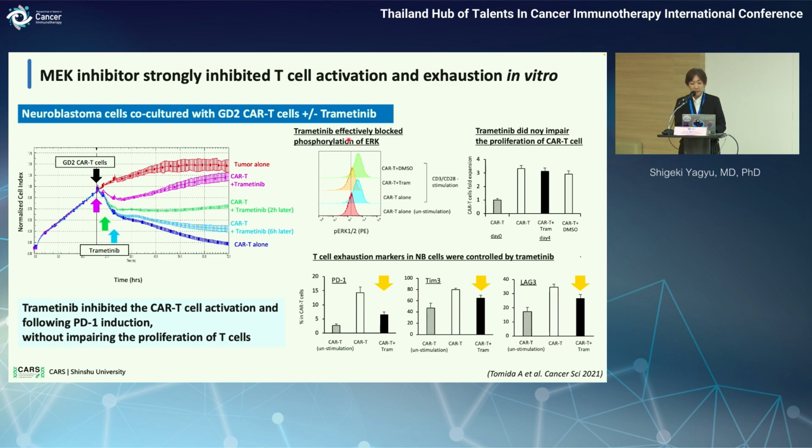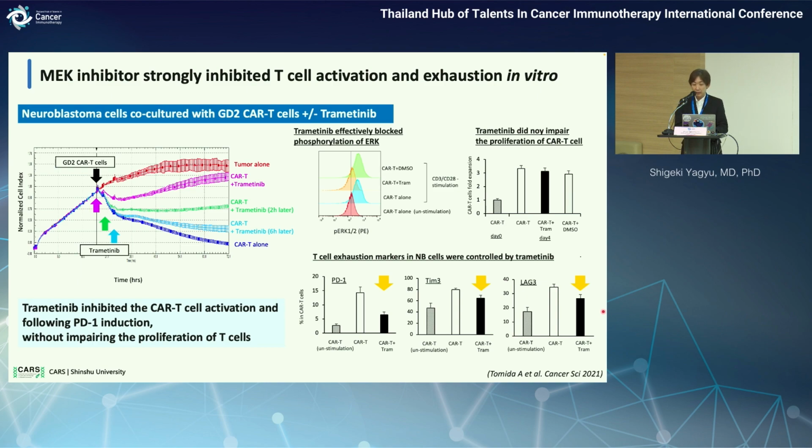The GD2 CAR T cells were strongly activated by the stimulation, confirmed by strong phosphorylation of ERK1/2 proteins, and trametinib effectively blocked the phosphorylation of ERK and the induction of the T cell exhaustion markers, including PD-1 and TIM3; LAG3 was also blocked.